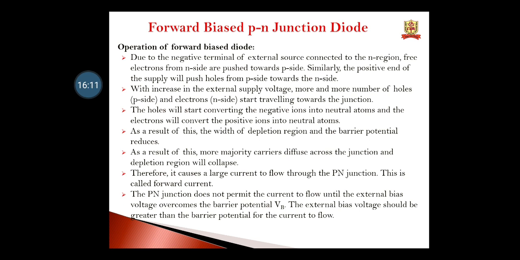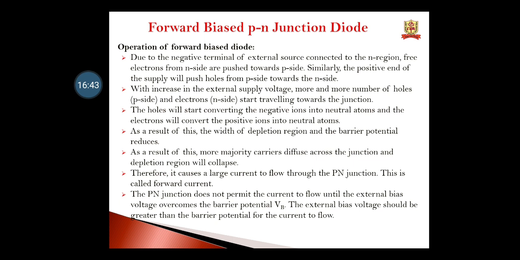As a result of this, the width of the depletion region decreases, and as the width decreases, the electric field across the depletion region also decreases, and therefore more majority carriers, that is holes from P side and electrons from N side, move through the diode, and therefore a large current flows through the PN junction, and this is called forward current.